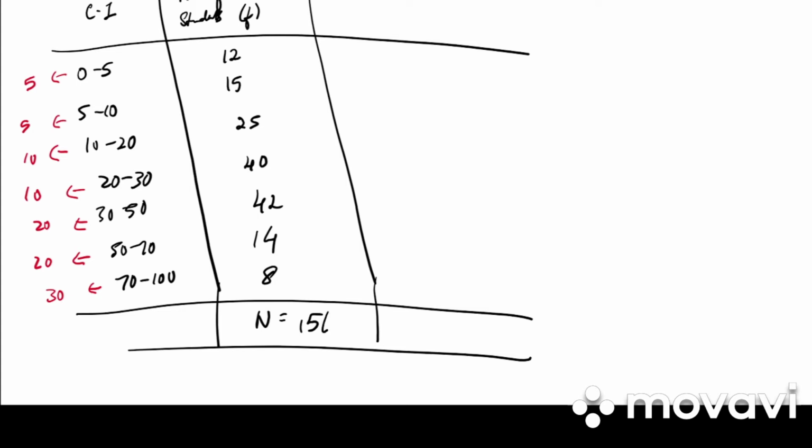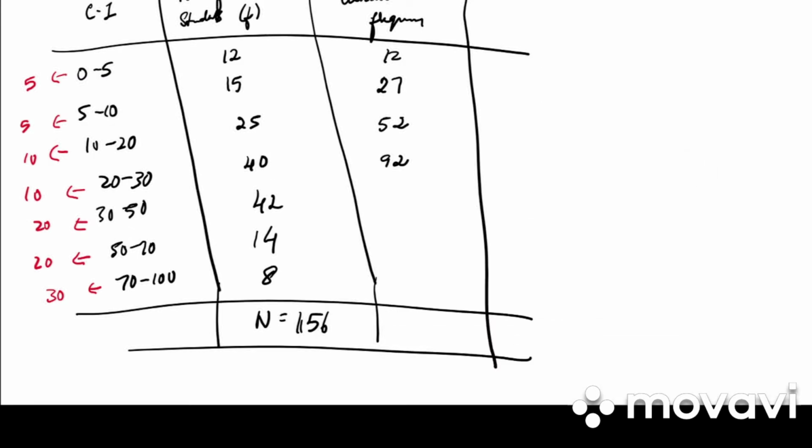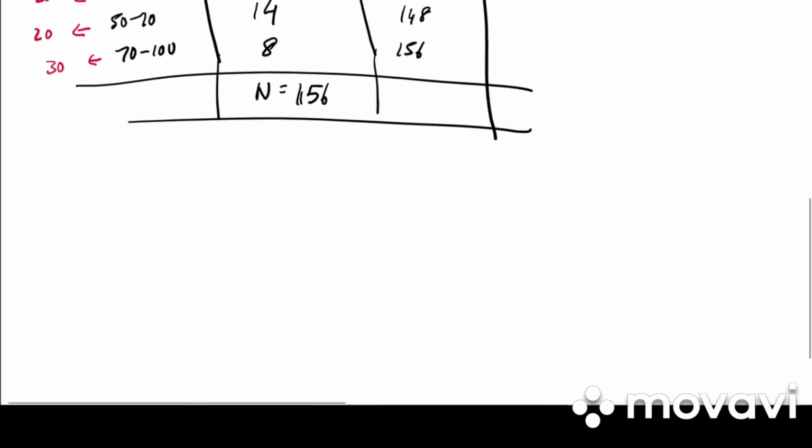So n is equal to 156. Next we need to find out cumulative frequency. 12, 12 plus 15, 27, 27 plus 25, 52, 52 plus 40, 92, 92 plus 42, 134, 134 plus 14, 148, 148 plus 8, 156.